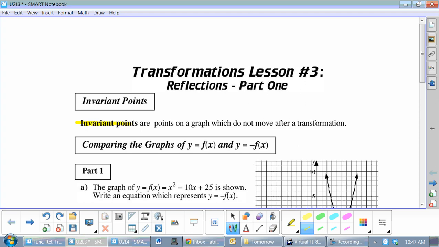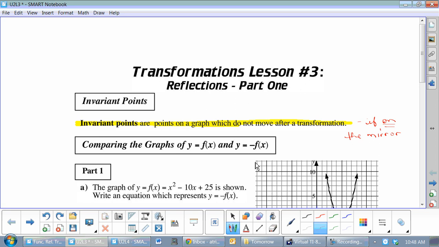Invariant points are points on a graph which do not move after the transformation. For reflections, it is anything on the mirror. So if it's on the mirror, it's an invariant point.